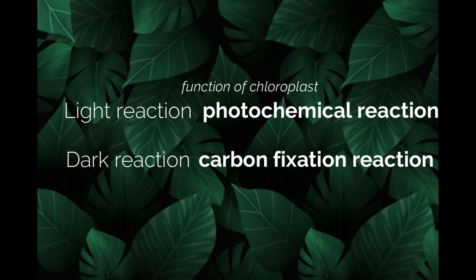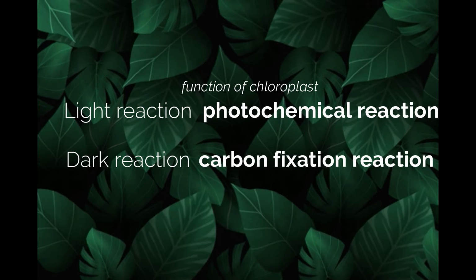Light reaction is the photochemical reaction, also known as the Hill reaction, a photosynthetic electron transfer reaction. In the light reaction, solar energy is trapped in the form of chemical energy of ATP and NADPH. During it, oxygen is evolved by photolysis.